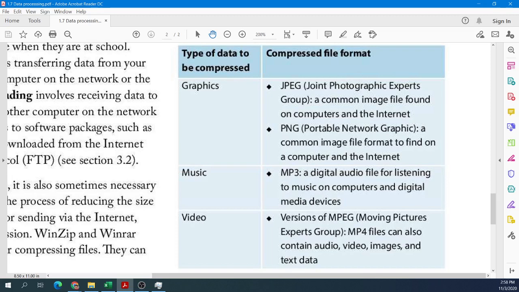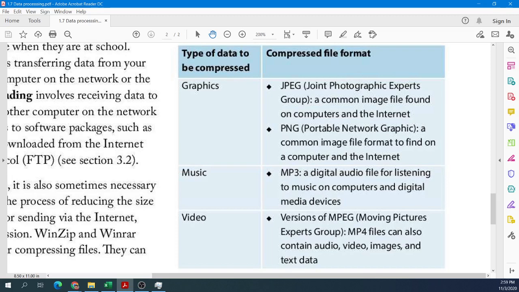Types of data to be compressed. Graphics. Compressed file format. JPEG, Joint Photographic Experts Group. A common image file found on computers and the internet. PNG, Portable Network Graphic. A common image file format to find on computers and the internet.